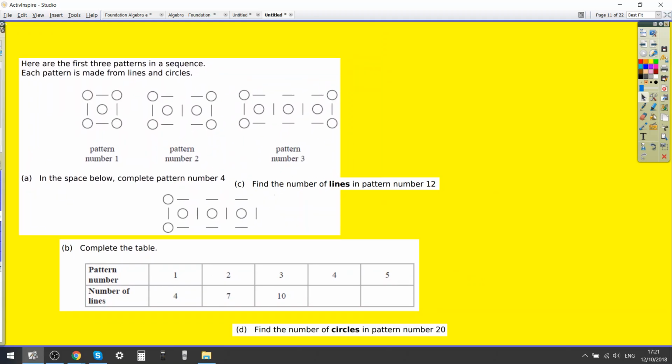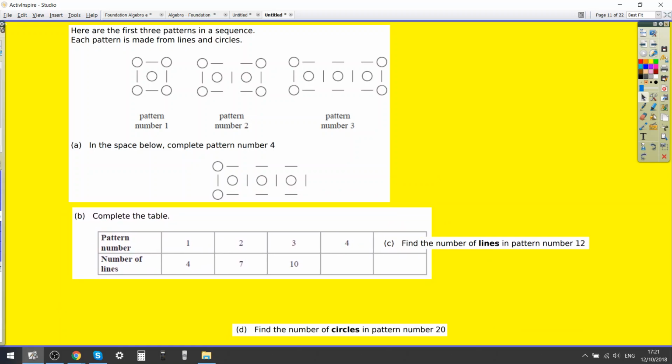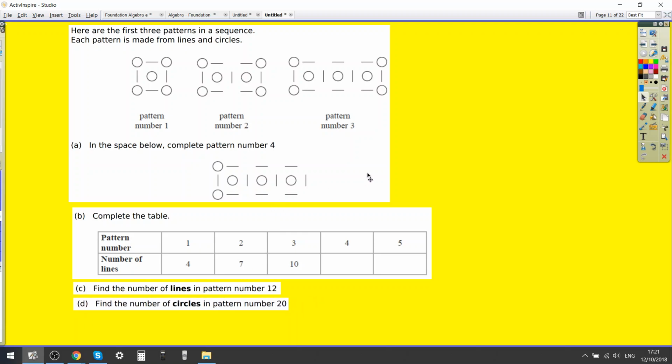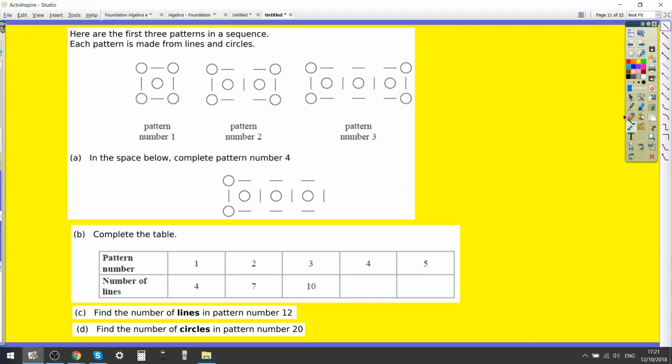Okay, this tricky one. Let's see. So this one, they've started it for you, so I don't have to do it. Space below to complete the pattern. So you draw another line, from where the line is on the right, just below that, in line with the others.